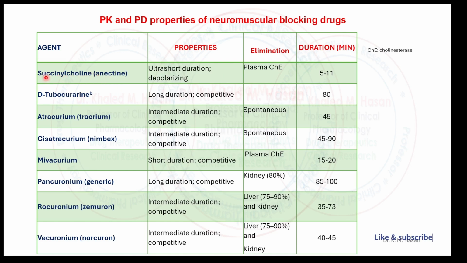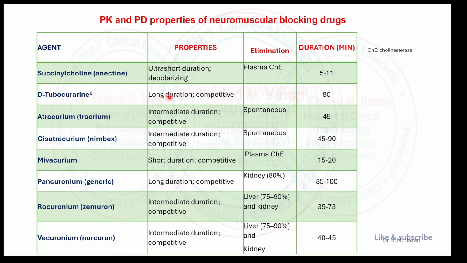I will start with the first one, succinylcholine, a nicotinic depolarizing agent with ultra short duration of action, between 5 to 11 minutes. Elimination: we have an enzyme in the plasma called plasma cholinesterase, which is responsible for metabolism of succinylcholine. Succinylcholine is considered ultra short duration of action, 5 to 11 minutes.